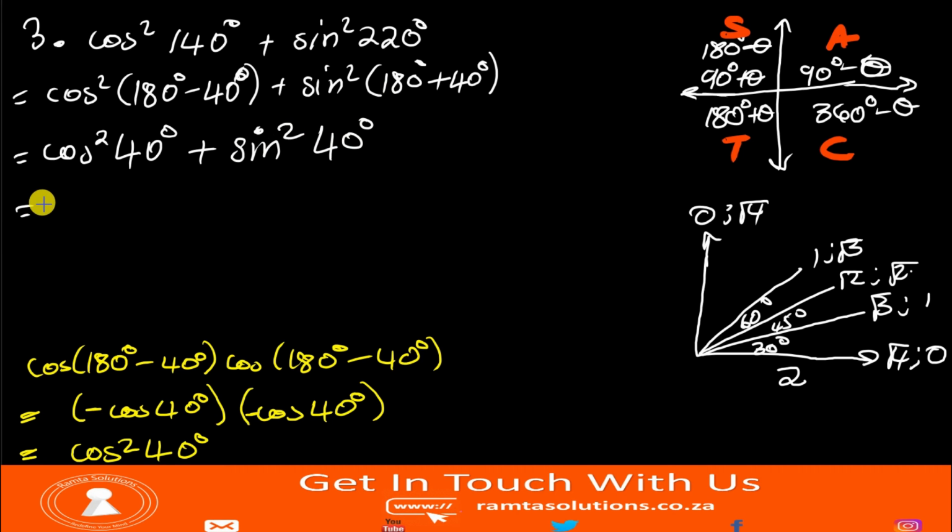Now, what do you have here? You have cos squared 40 degrees plus sine squared 40 degrees. These are equal to 1. Okay? Remember that square identity.